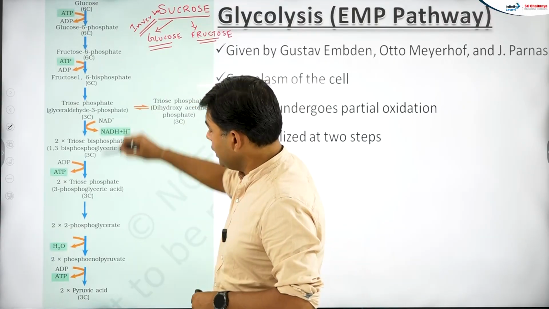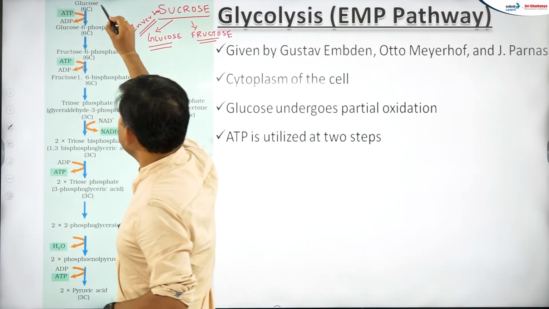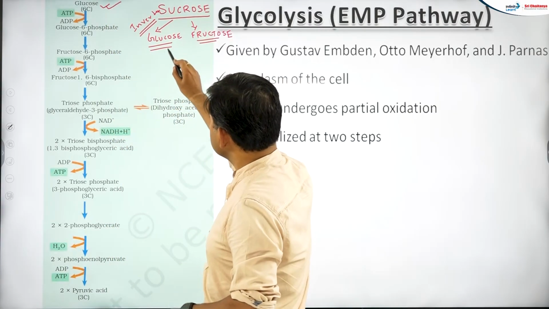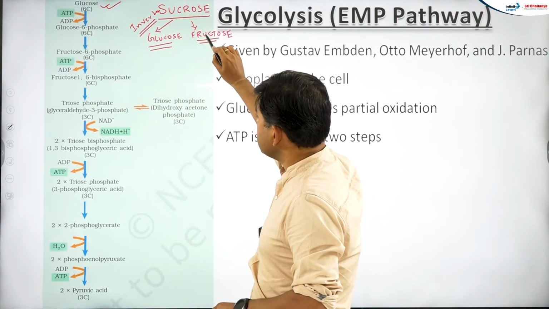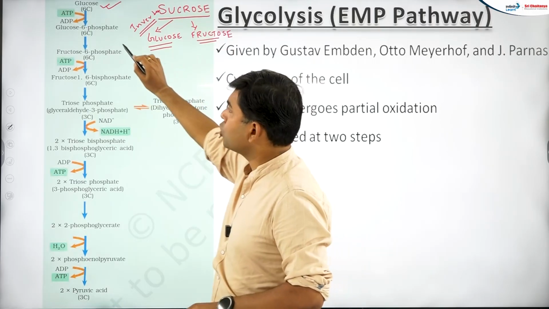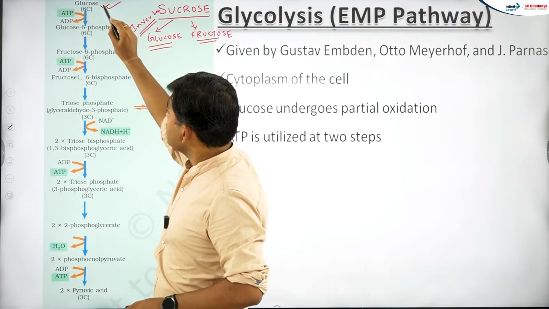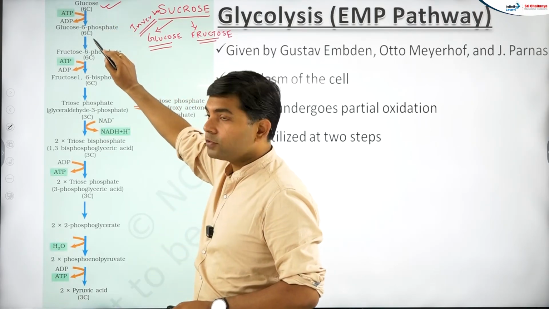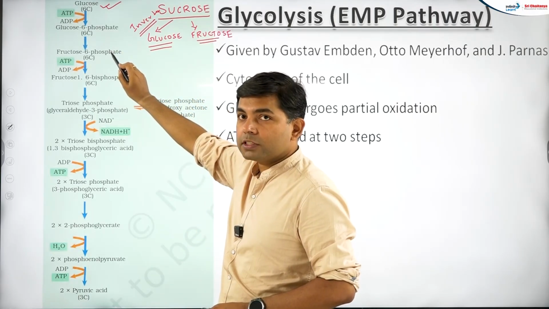As you can see, it is shown here in the NCERT diagram that it starts with glucose, right? So glucose enters into glycolysis, or glycolysis can simply start with fructose also. If it starts with glucose, glucose will get converted into glucose 6-phosphate, and then glucose 6-phosphate gets converted into fructose 6-phosphate.